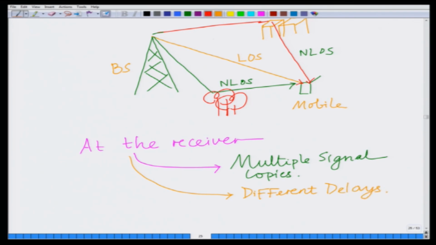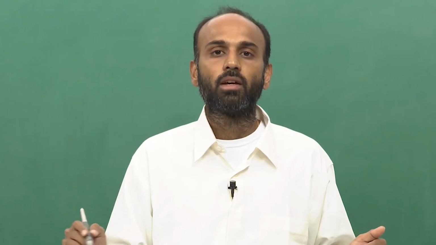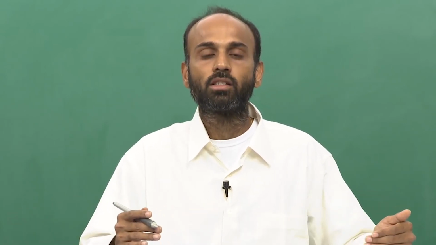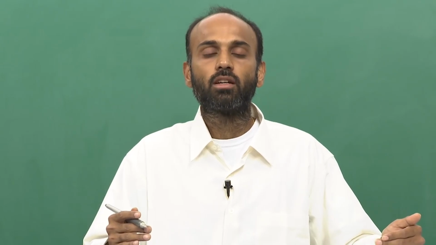Because if you look at this figure, the distances of propagation of these different paths are different. These different multipath components traverse different distances. One is reflected from a building, another is reflected from a tree, one is the line of sight which is the shortest distance, which means the shortest delay.